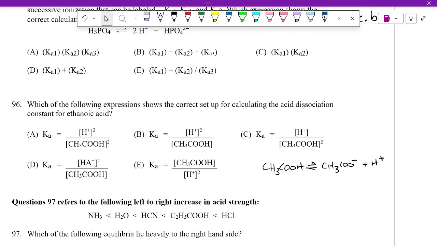Now, once again, you know that Ka is equal to x squared over the concentration of the acid, yes? And if you don't know that, you can do a RICE table.